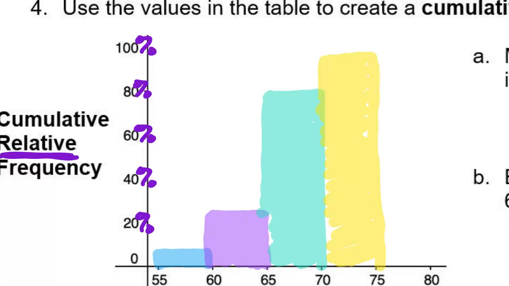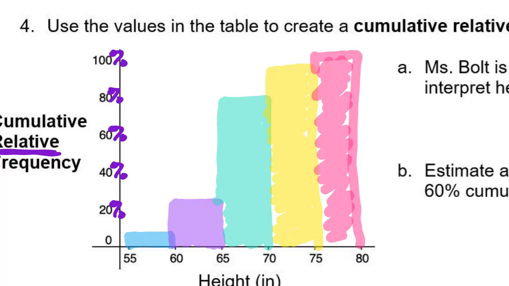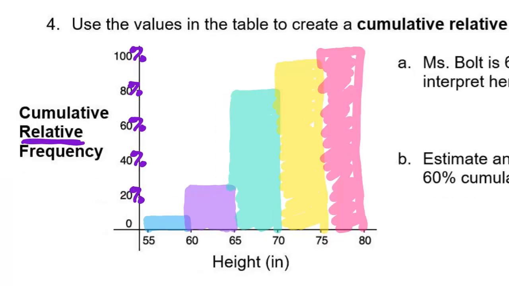Let me try to find a different color now. Let's go with pink. Okay. So this is kind of what a histogram would look like, right? If I was plotting the percents on a histogram. What percent of students were smaller than 55 inches? 0.